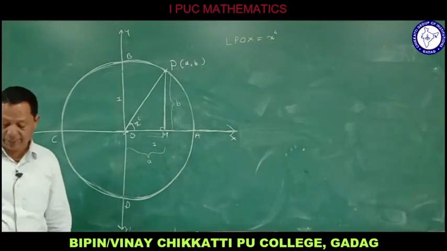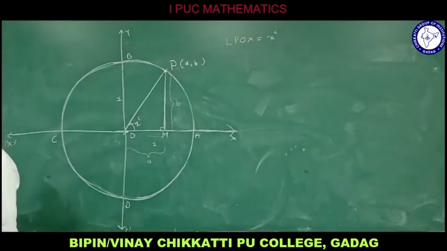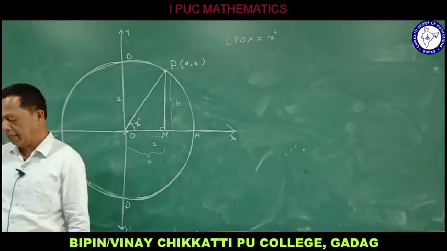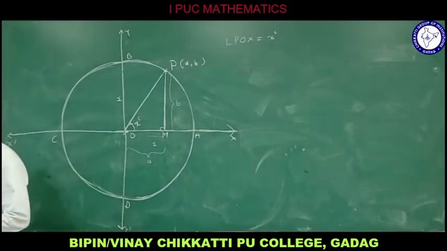Now I am defining all 6 trigonometric functions here. How do we define the trigonometric functions or trigonometric ratios? Once again, this is the new methodology that we are using to explain the 6 trigonometric functions.